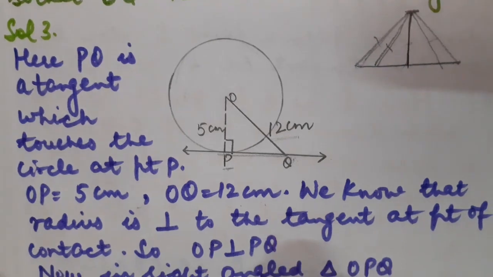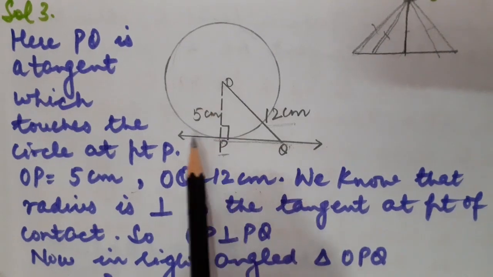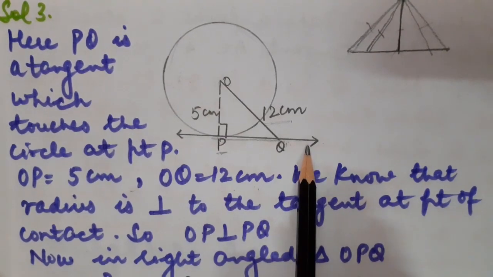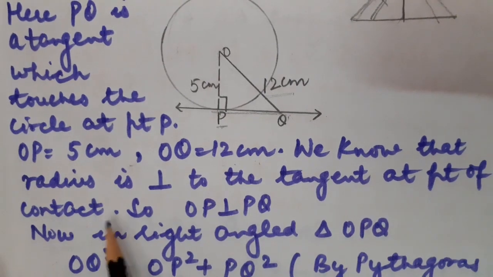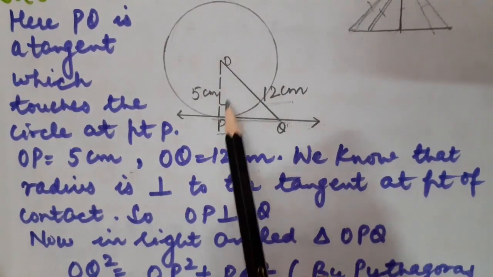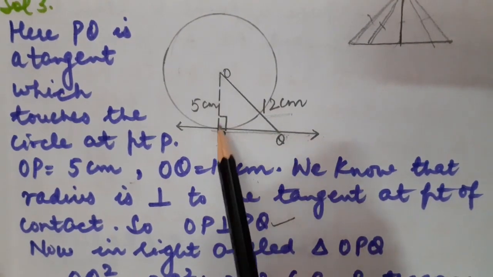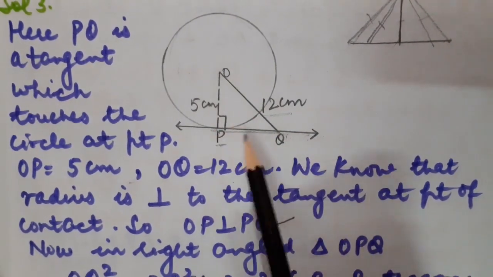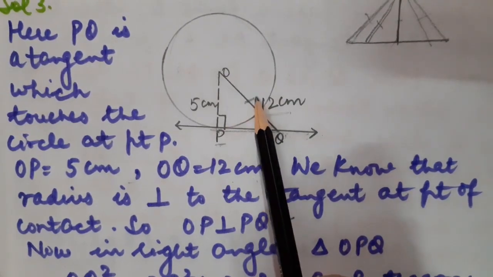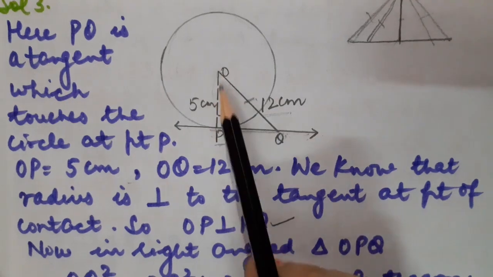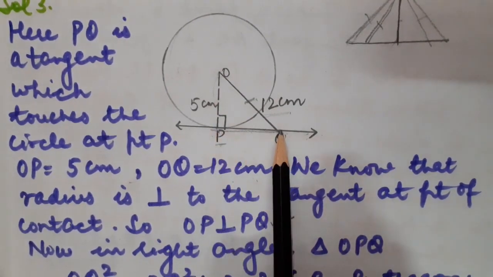We have just proved in the theorem that the radius is always perpendicular to the tangent at the point of contact. So what can we say? That OP is perpendicular to PQ. Look, so what has it become? It has become a right angled triangle. And the side which is opposite the 90 degree angle is known as the hypotenuse. This is perpendicular because this is the shortest distance. And of course PQ will be the base.